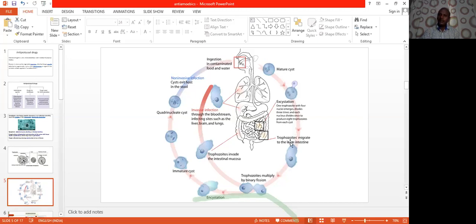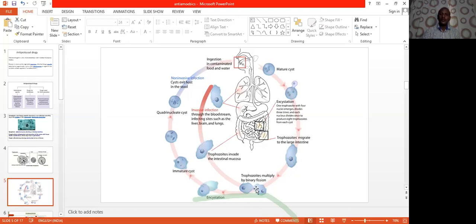And all this happens in the large intestine, and then they move to the colon. Then the trophozoites undergo binary fission. From the colon they move to the large intestine, so the trophozoites will be present in the large intestine.